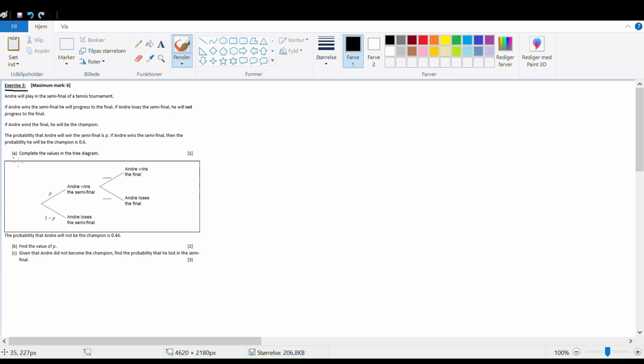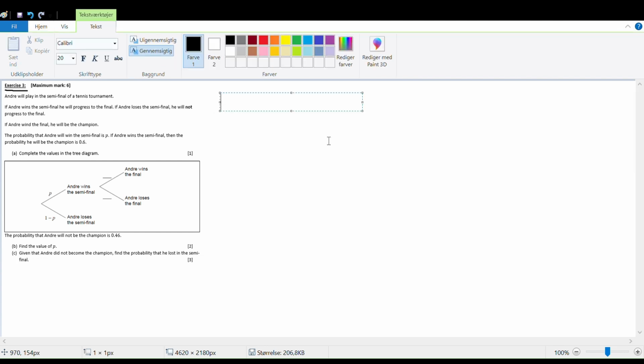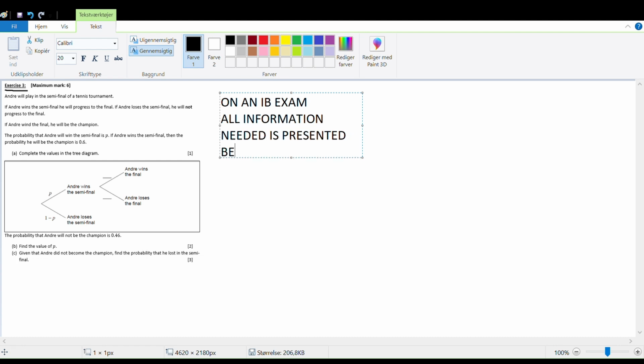Okay, first thing to keep in mind, and I'm just going to point this out now, a very common mistake was to go, oh, but I see this 0.46 down here, I'll just put that in up here. No, this is not the way forward. The reason is, firstly, that's not how this is meant to be understood. But as a secondary point, and this is a much more general point about IB exams, all information needed is presented before the question, not after.